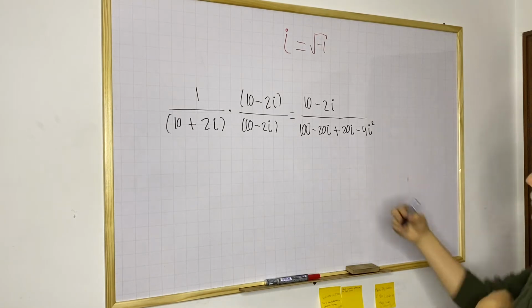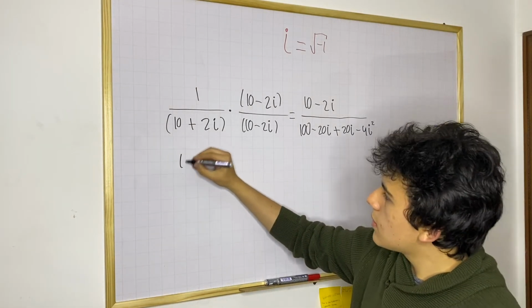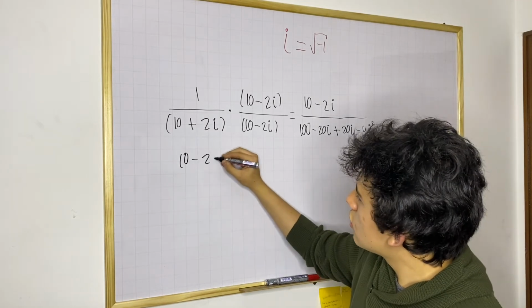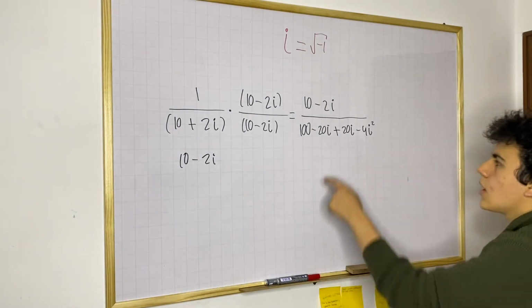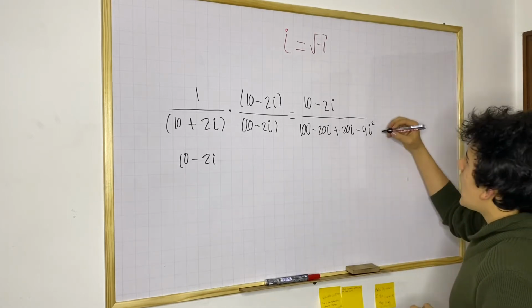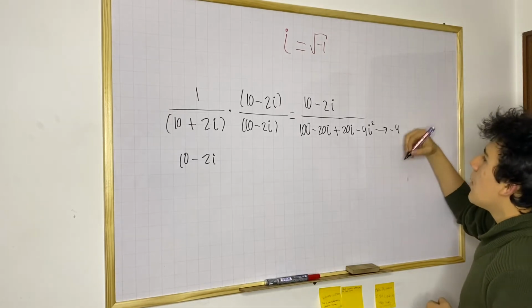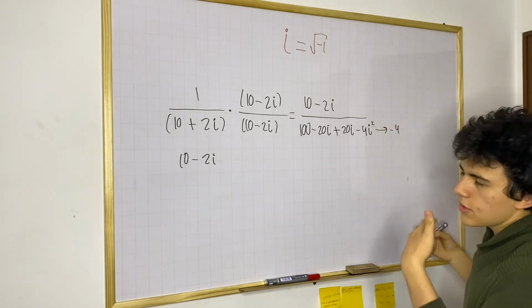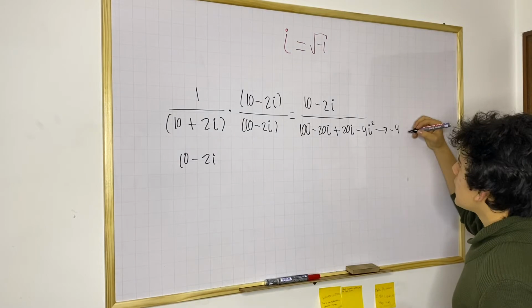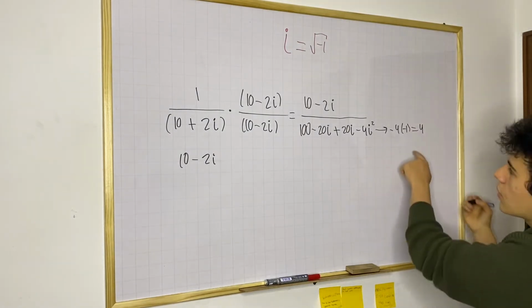Now let's keep simplifying. The top remains the same, 10 minus 2i. These two terms, positive and negative, cancel out, and this last one goes as minus 4 times i squared, which is minus 1, so we get minus 4 times minus 1, which is simply 4.